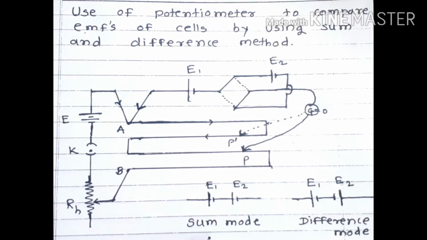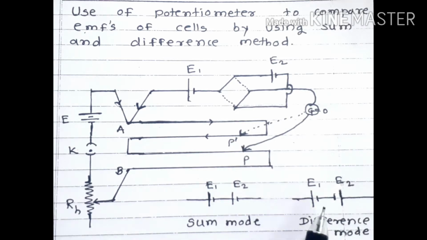First of all, let us see what we mean by sum mode and difference mode. Here E1 and E2 are the two given cells. When the negative terminal of the first cell is connected to the positive terminal of the other cell, then that combination is a sum mode.